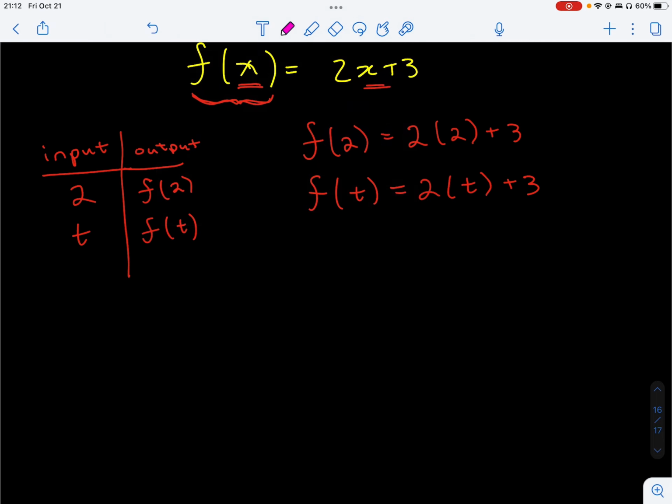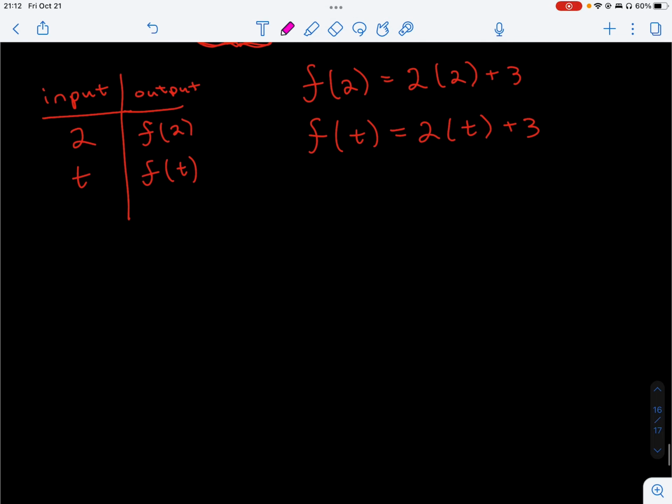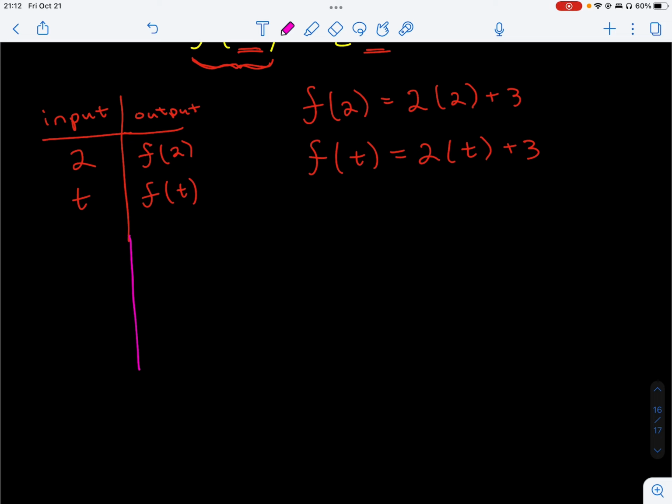Cool. Now, let's start having a little more fun with this. I'm going to extend this table a little, and note that I'm switching to pink here. I'm going to change my input to be 2t. Go ahead and guess what the result's going to be. The output should be f of 2t, because I take what I'm inputting and plop it in the spot for function notation where you put your inputs.